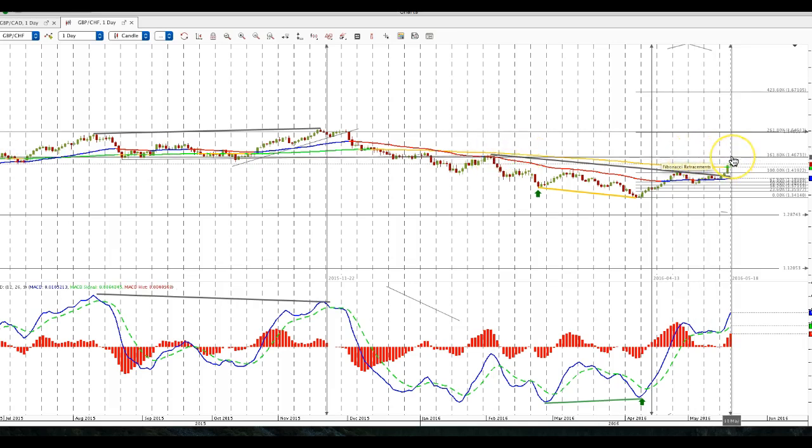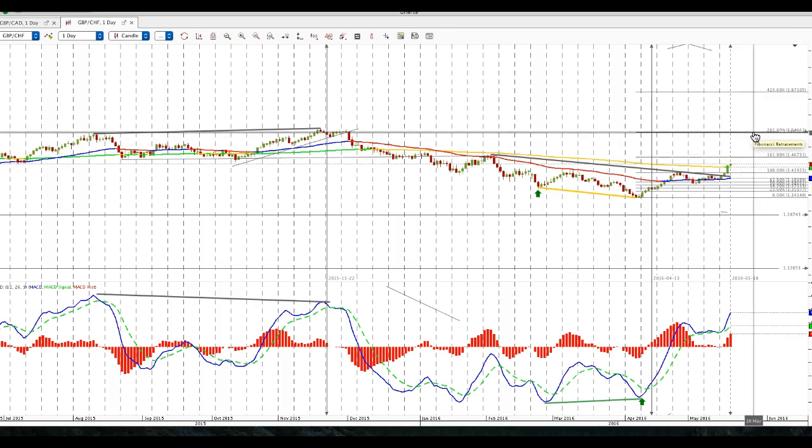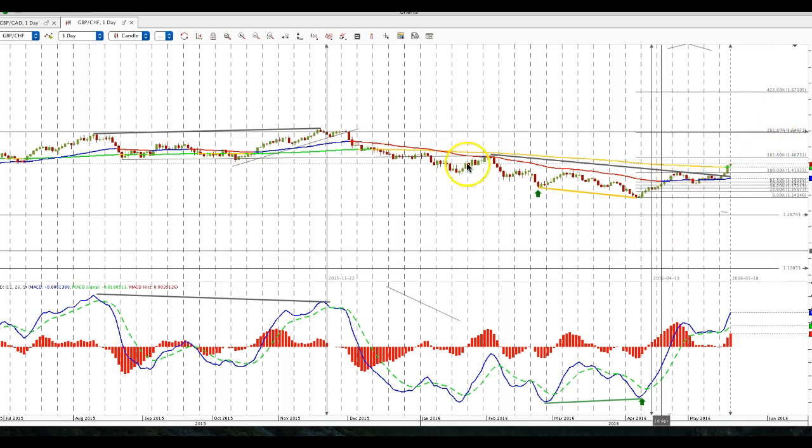So we should take profit there. If you're in this trade, take profit at 146.73. If the body of the candle closes above this level of resistance, then most likely it will go to the 154.50 area, which is the 261 extension.